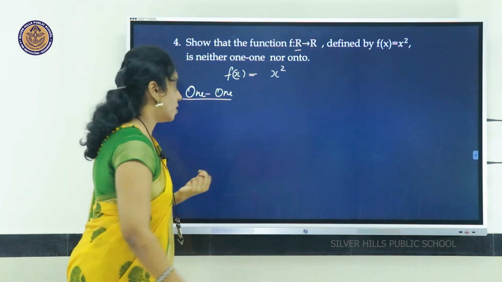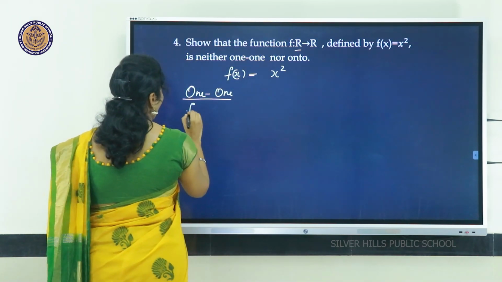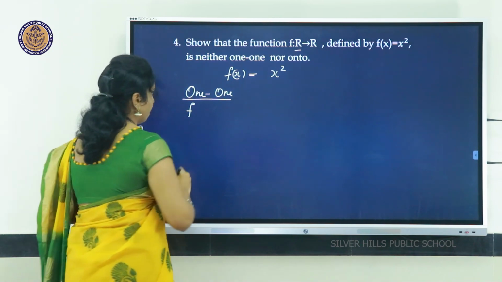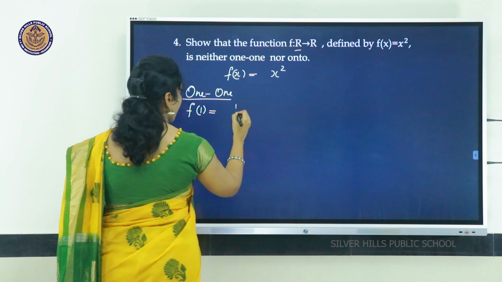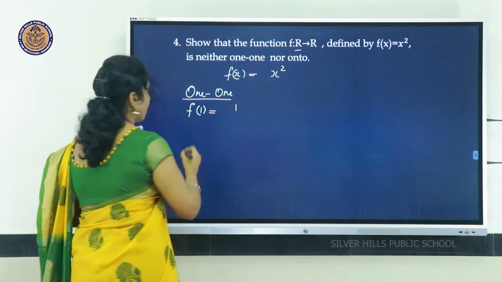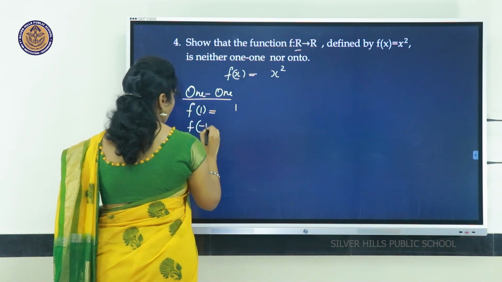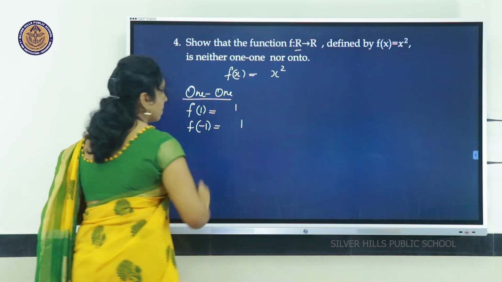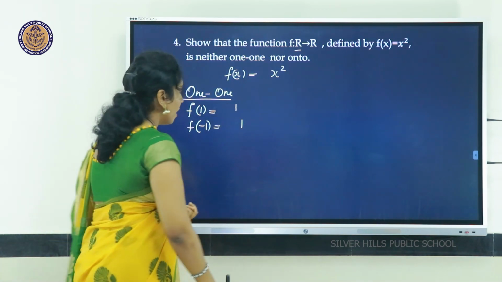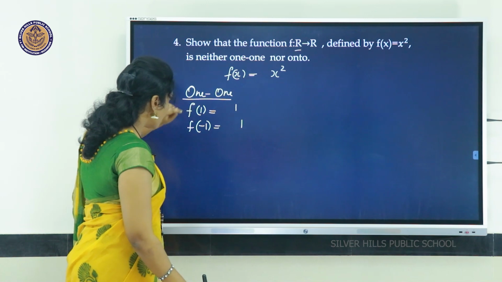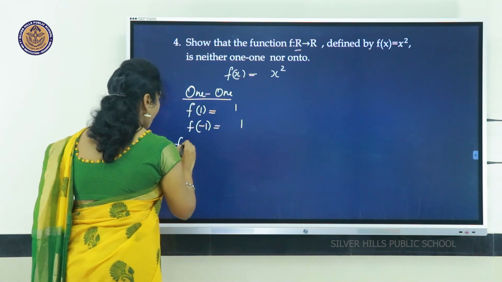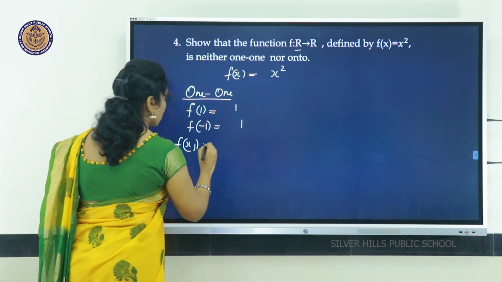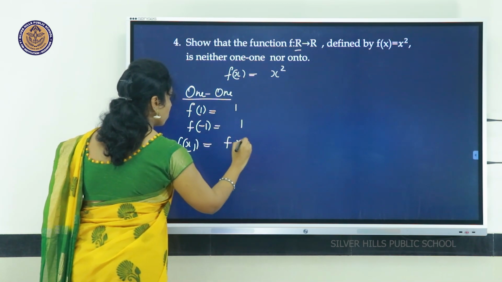Two real numbers, say 1 and minus 1. So, what is f of 1? I will substitute 1 here, I get 1 square which is 1. F of minus 1, what is my answer? That is also 1. So, here my x1 is 1, x2 is minus 1 and I got f of x1 is equal to f of x2.